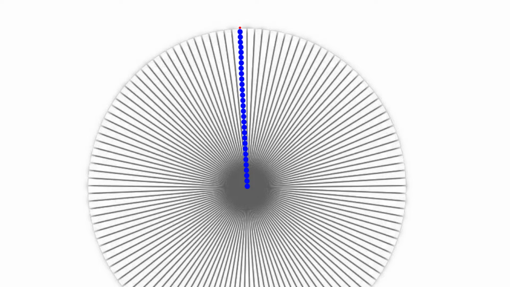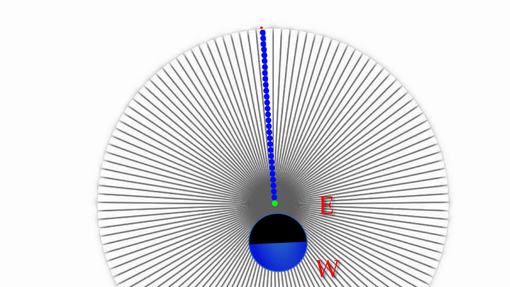I'm going to blow up the image of the bottom circle so we can see what's happening. So this will be easier to see. The lime green dot in the center is the Earth. That's where we're standing. And the red dot at the end of the blue dots is the moon. That's how far away it is. You can't move on that Earth from one side to the other far enough to change your perspective whatsoever.